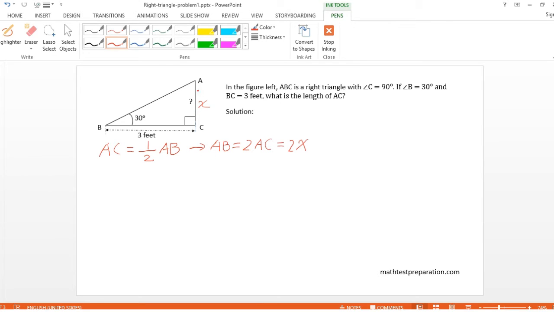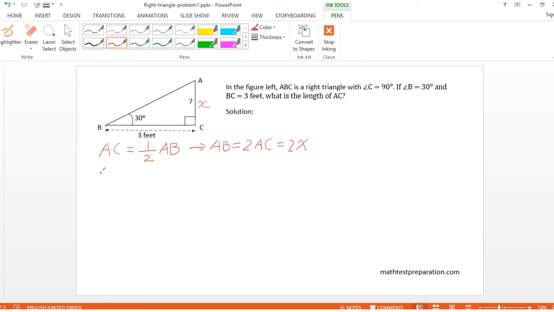In any right triangle, the side which is opposite the right angle is the hypotenuse. The square of the hypotenuse equals the sum of the squares of the two legs.